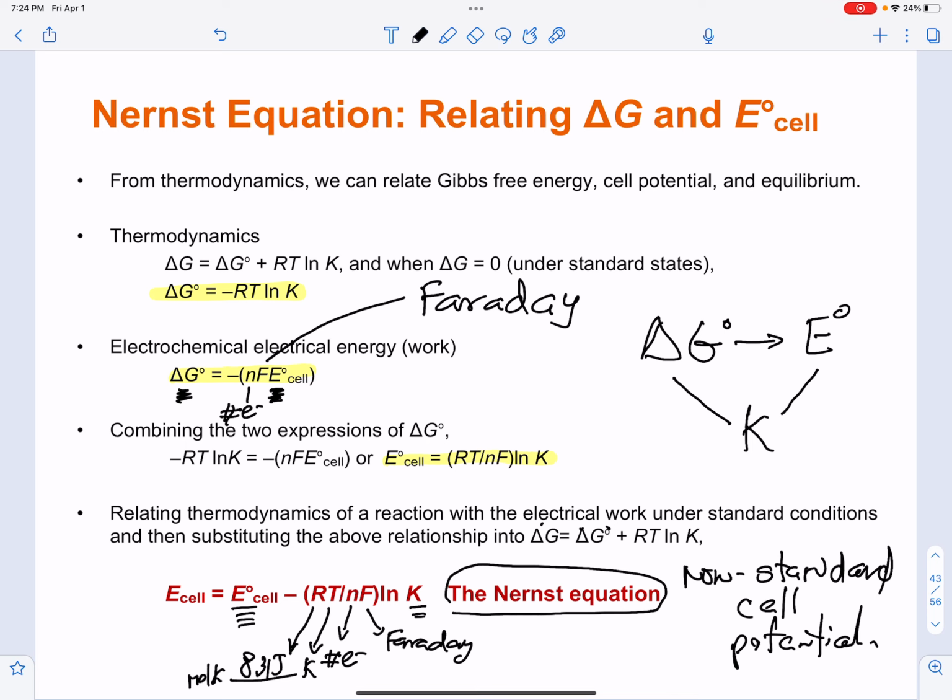And that's how we're going to be able to calculate the cell potential under non-standard conditions. All that comes from the fact that delta G relates to delta G standard in this way. And since we have a relationship for this, we can incorporate it all into one formula. So that would be the Nernst equation.